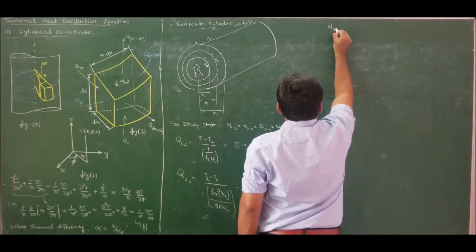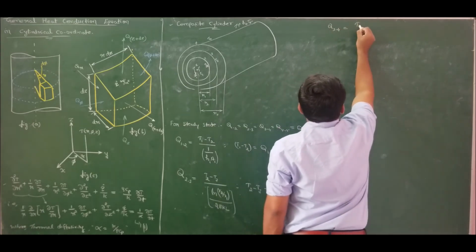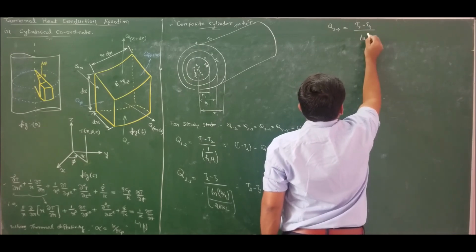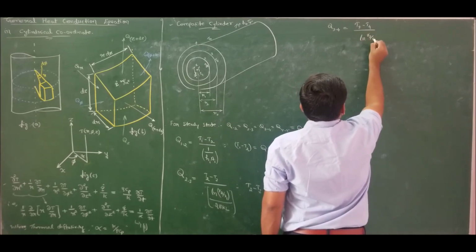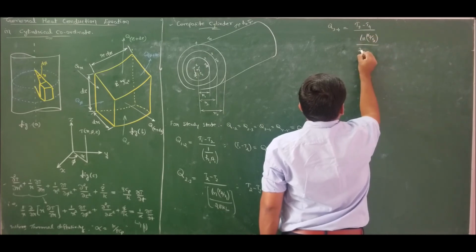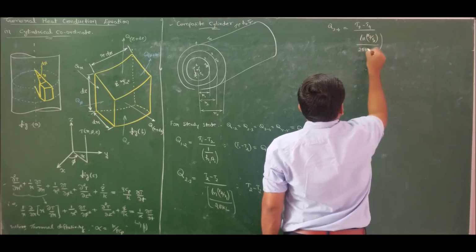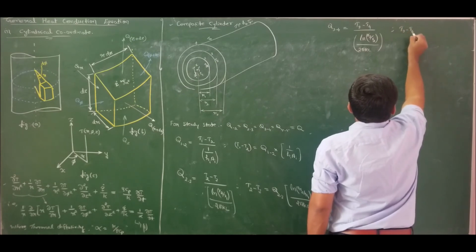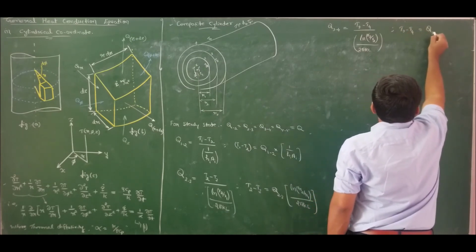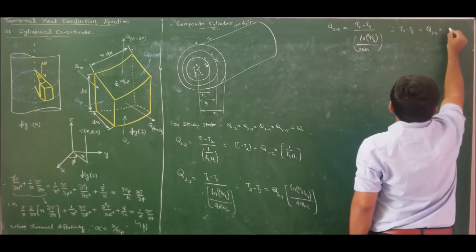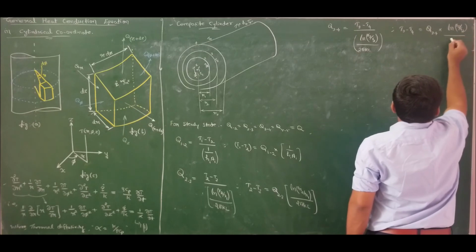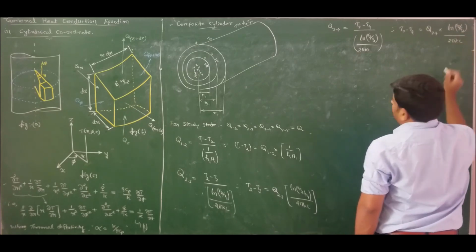Q23 is done. Q34 is also by conduction. Therefore it is T3 minus T4 divided by ln of R3 by R2 whole divided by 2 pi Kl. So hence I can write T3 minus T4 as Q34 into ln of R3 by R2 whole divided by 2 pi Kl.